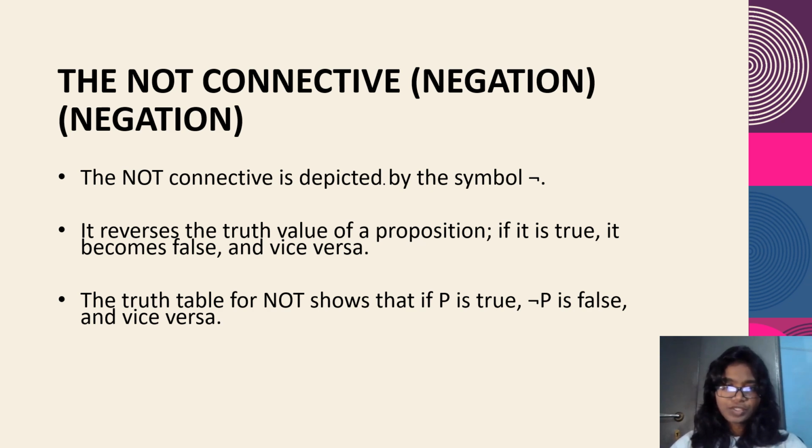If the condition is true, it will become false, and if it is false, it will become true. Thus the truth table for NOT shows that if P is true, negation P is false, and if negation P is false, then it will be true.